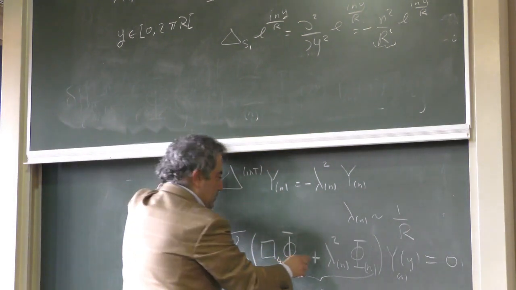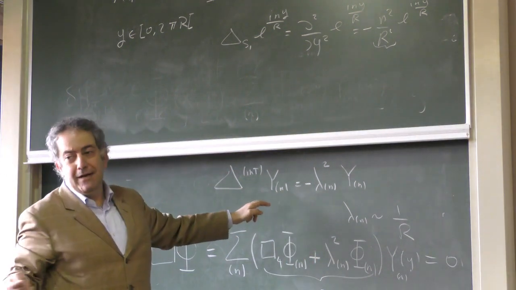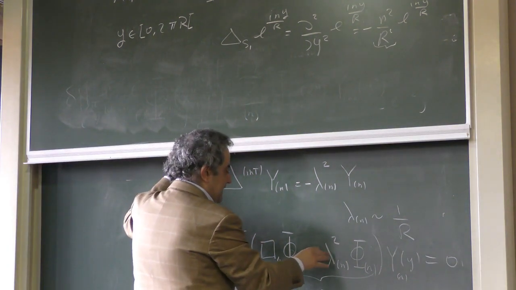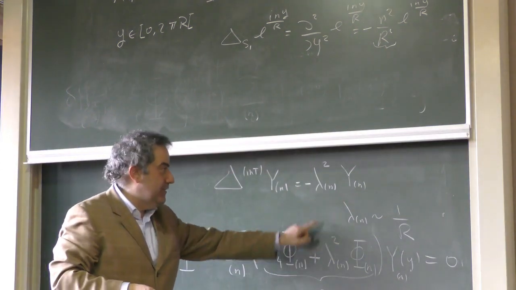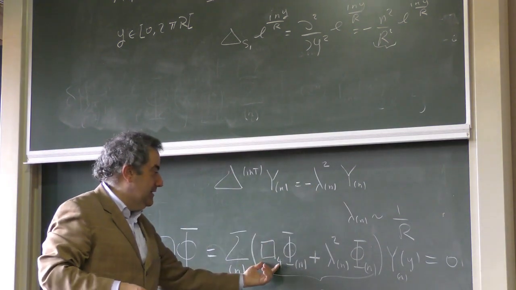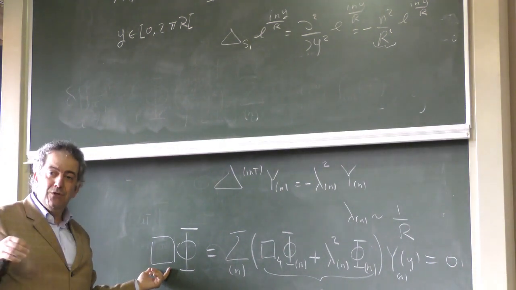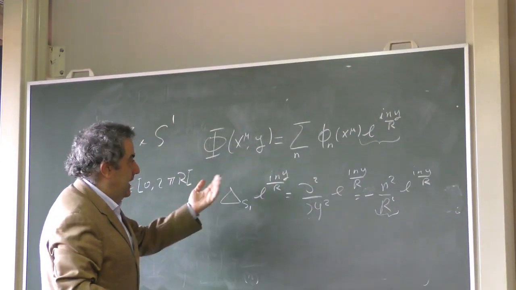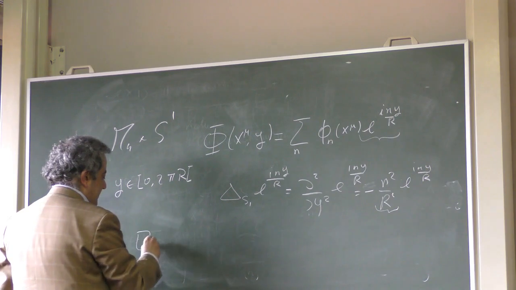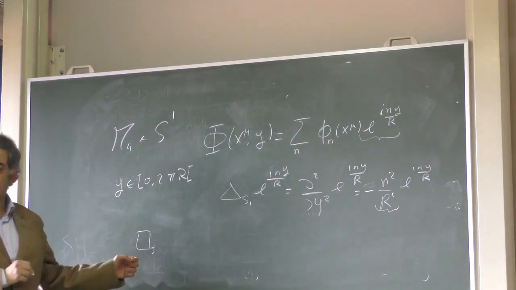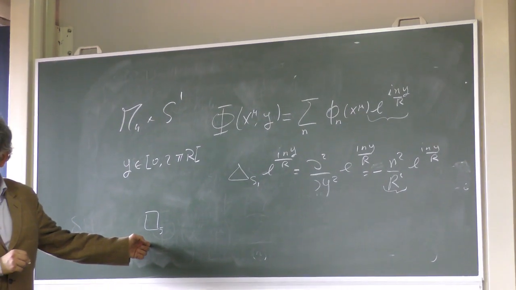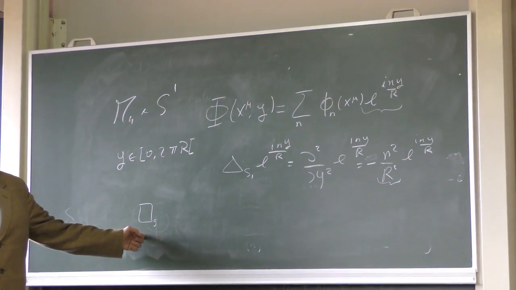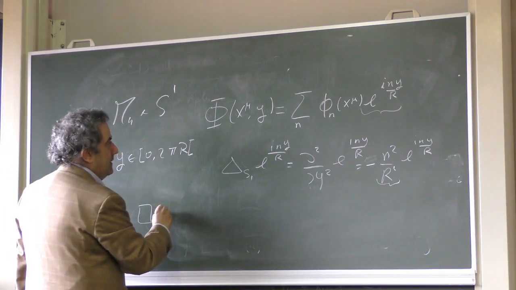Recall that we are in the mostly minus notation, so here you have a plus and not a minus, because this enters with a minus sign. Sorry about that. Then you apply your 5-dimensional D'Alembertian, the Laplace operator, often denoted by a pentagon but it's another square, to this phi.